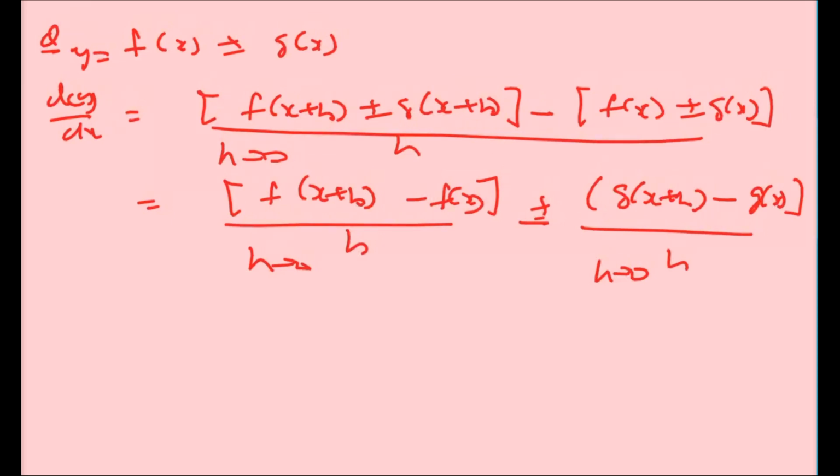Okay, student. So taking this sign here plus minus, we can write here it is f dash x plus minus g dash x. So if here is a plus, then f dash x plus g dash x, and if it is minus, it is minus. So it is the addition formula.